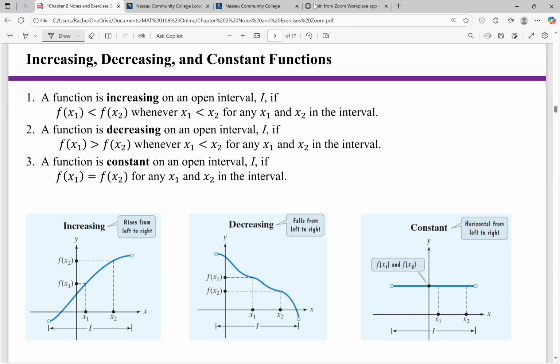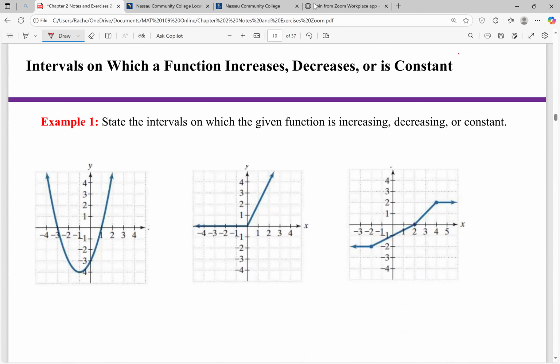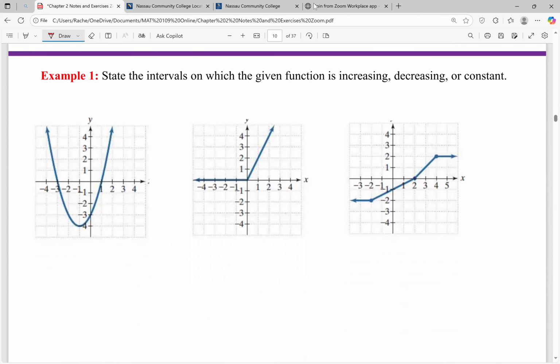So let's just practice. Let's look at the first example. Example 1, let's state where the function is increasing, decreasing, or staying constant. Let's look at the first graph on the left.